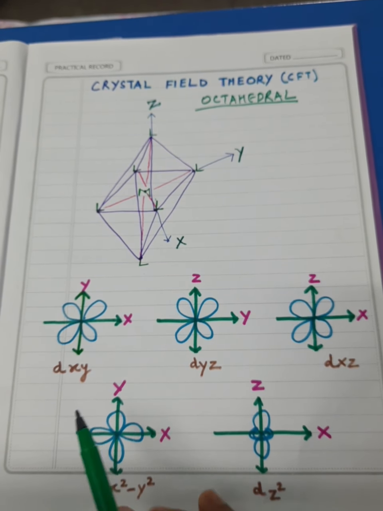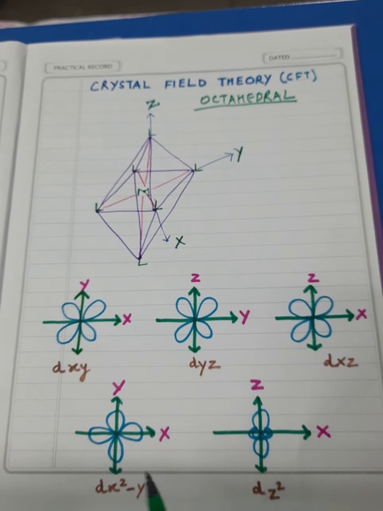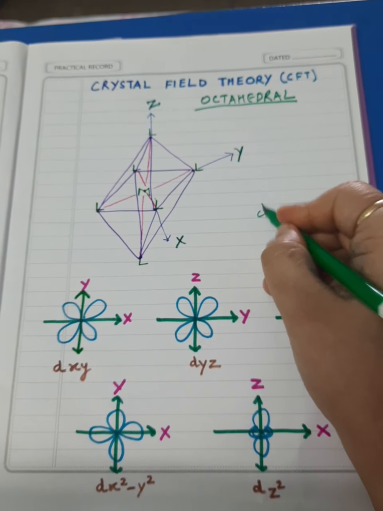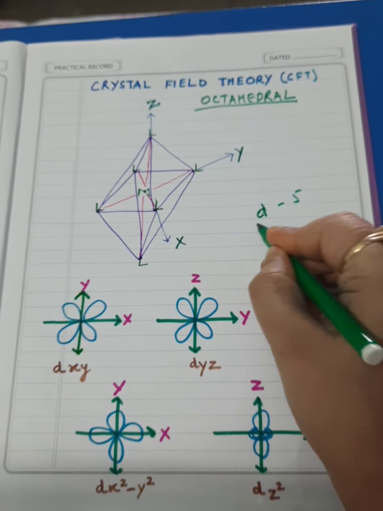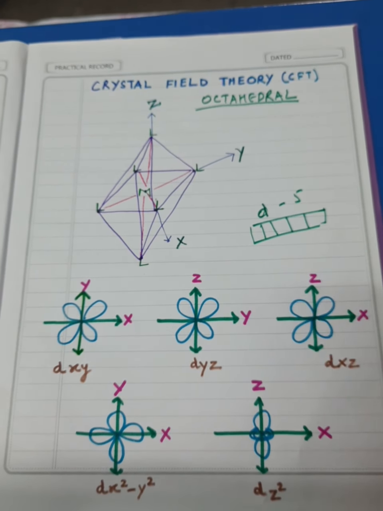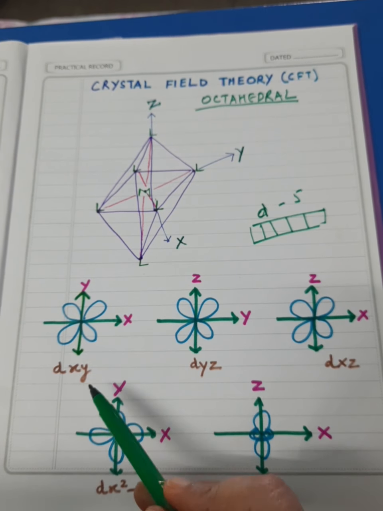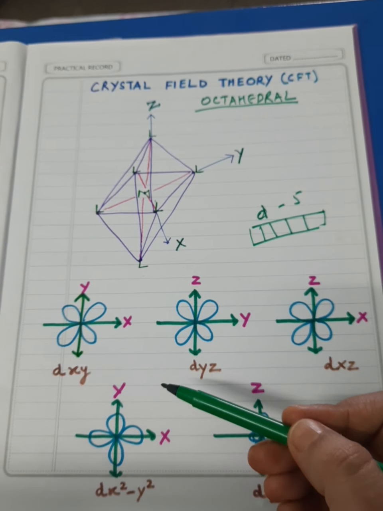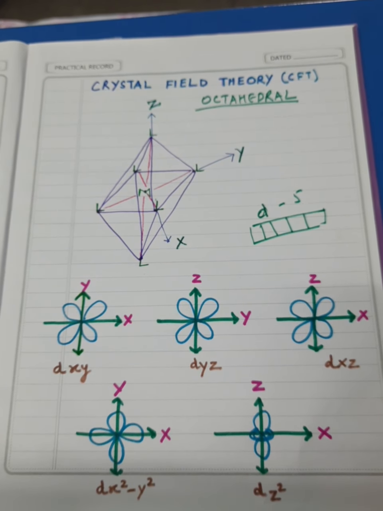The d orbitals of the central metal atom or ion are total 5 in number: 1, 2, 3, 4, 5. And their names are also known to you: dxy, dyz, dxz, dx square minus y square and dz square. You can see here their orientation along the axis or in between the axis.